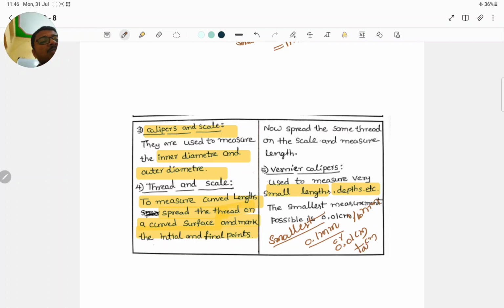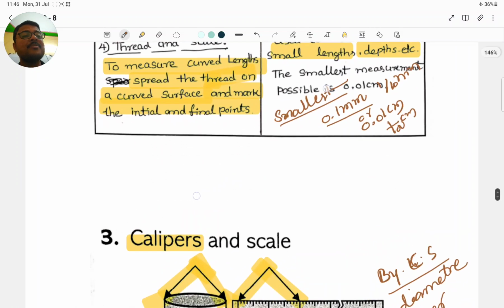By using the vernier calipers, we can measure one tenth of a millimeter. The smallest measurement possible is 0.1 millimeter or 0.01 centimeter. This is the important one.